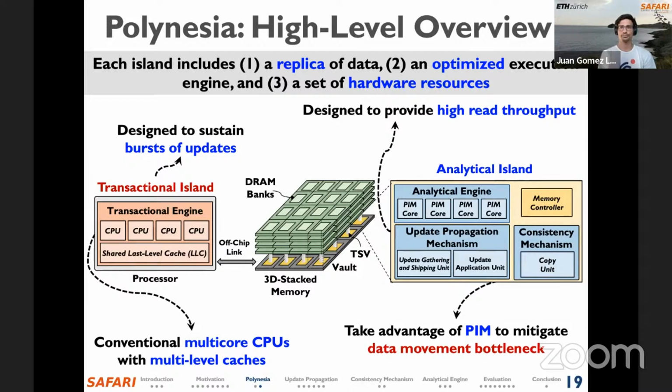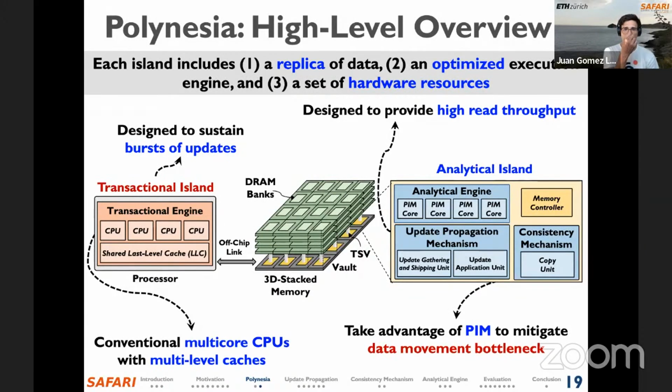And on the other end of the spectrum, for analytical islands, if I recall correctly, there were some FPGA-related papers that try to design the analytical engine on FPGAs. Yeah, I think that makes sense as well.